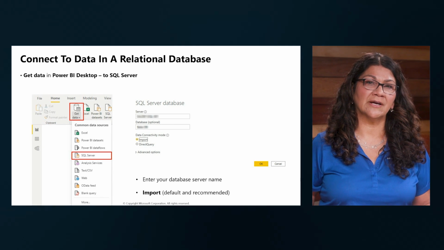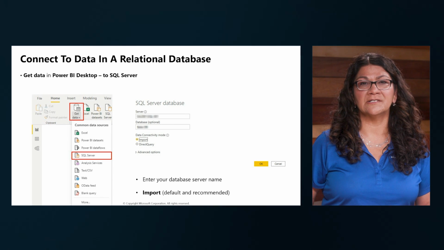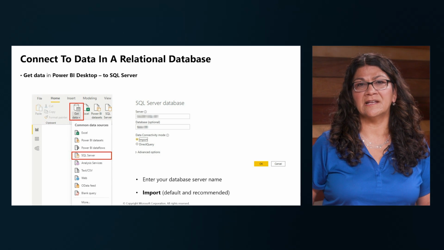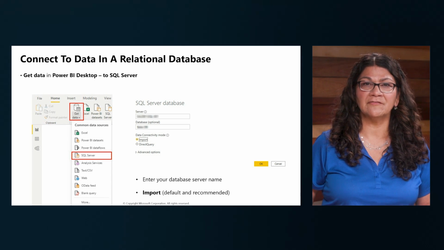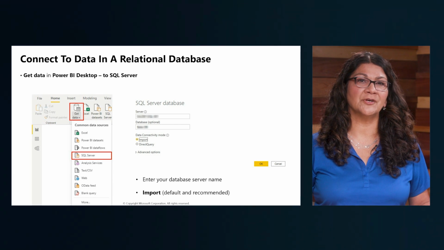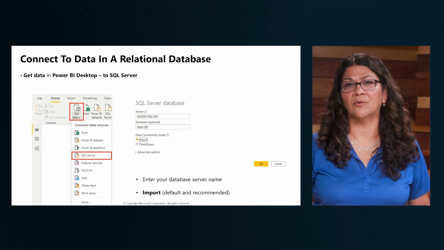Or you can use Direct Query and keep the data where it's at. Import is the default. It runs very fast because the imported data is put into memory for very fast performance. However, choosing import depends on your Power BI subscription as to how big of a model it can hold.